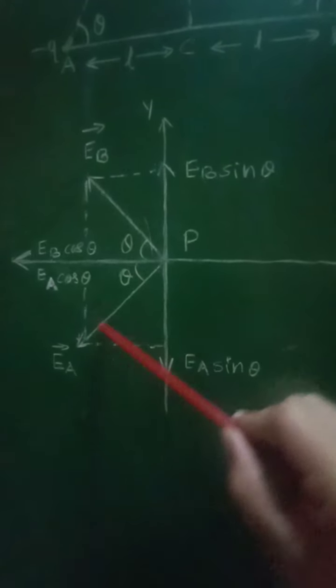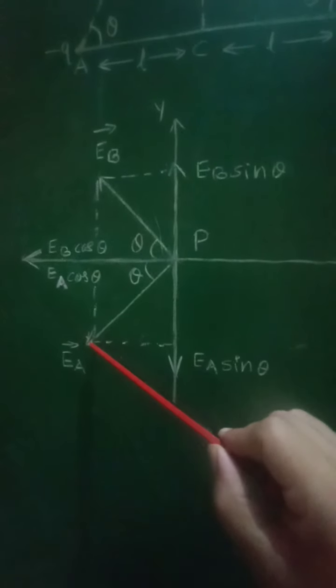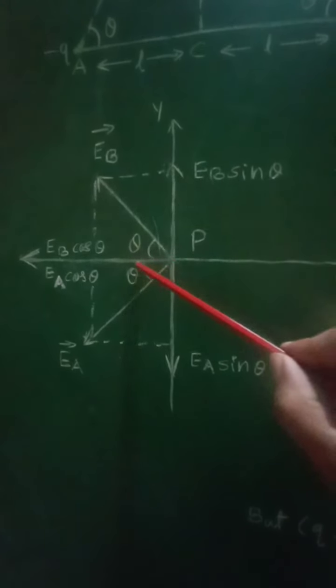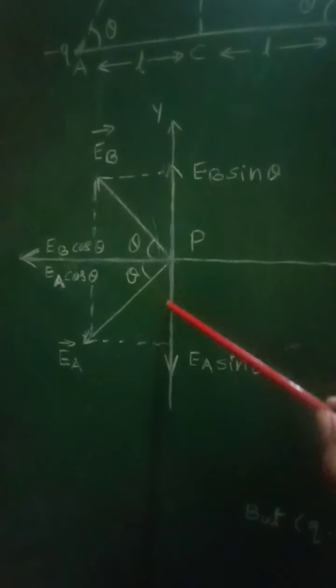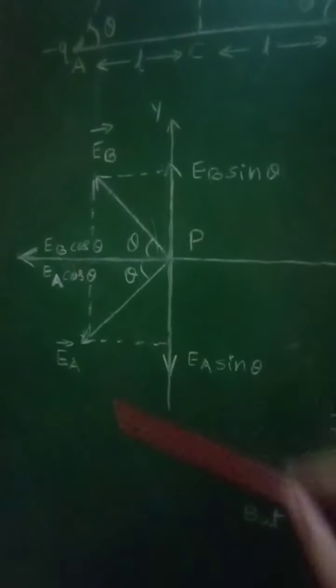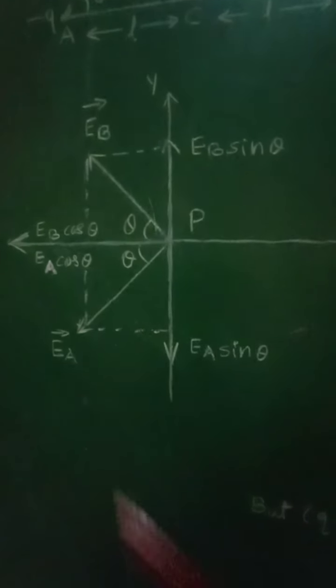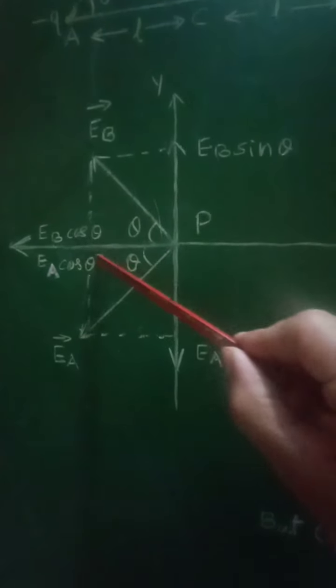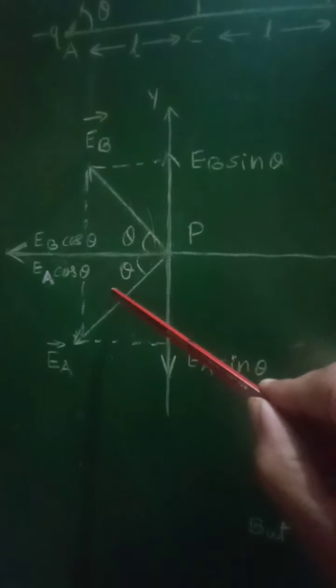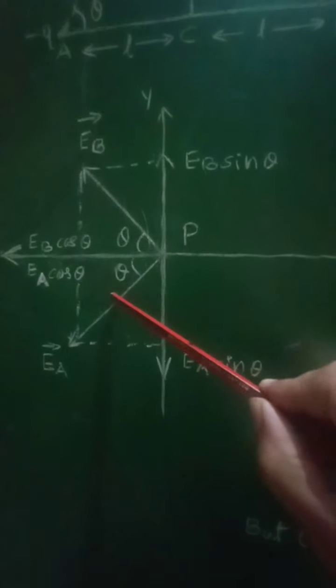Similarly, resolve this second vector, that is vector EA. So again it will be resolved into two perpendicular components. One is the vertically downward component and the second perpendicular component will be in the horizontal direction. Again from this triangle, this will be the opposite side. So the opposite side will be equal to hypotenuse into sine theta.